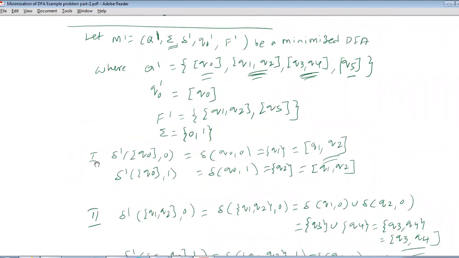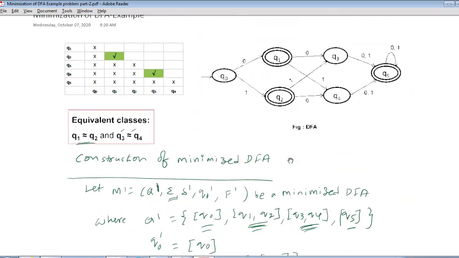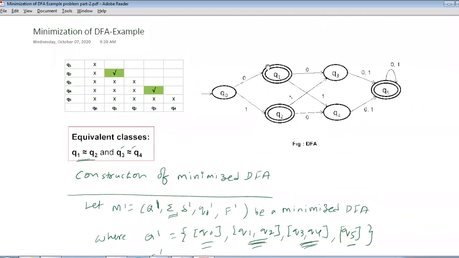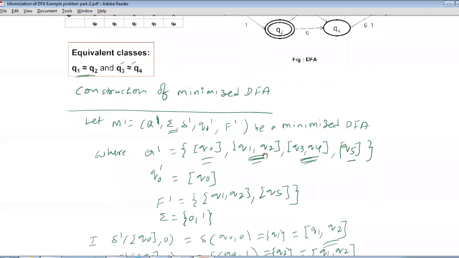First, take Q naught state. So the transitions can be written as delta dash of Q naught comma 0 equal to, this can be written in normal DFA transition function, that is delta of Q naught comma 0. Now delta of Q naught comma 0 equal to, see the given DFA. So Q naught on 0, it is going to Q1, but we don't have Q1 as a separate state, but Q1 is merged with Q2.